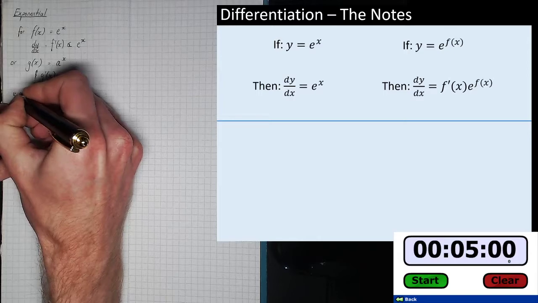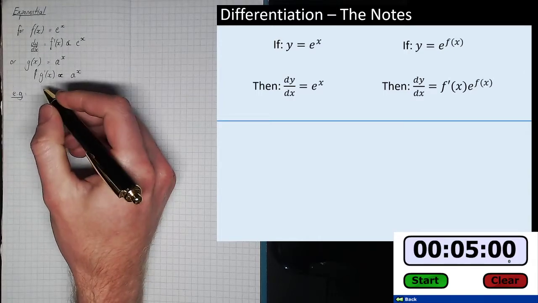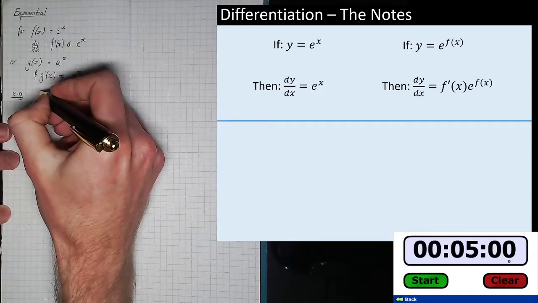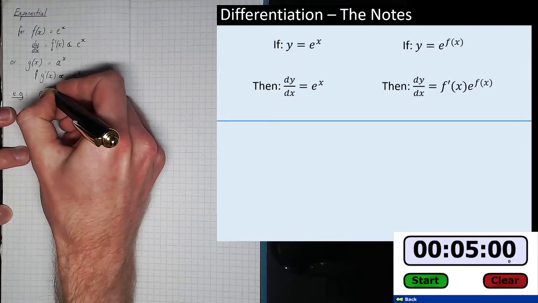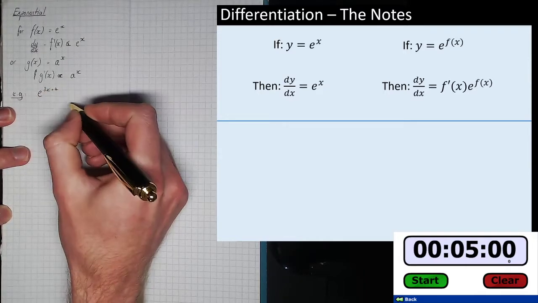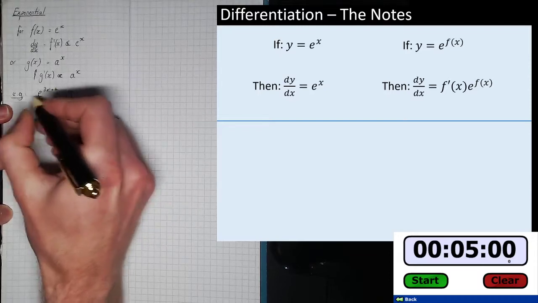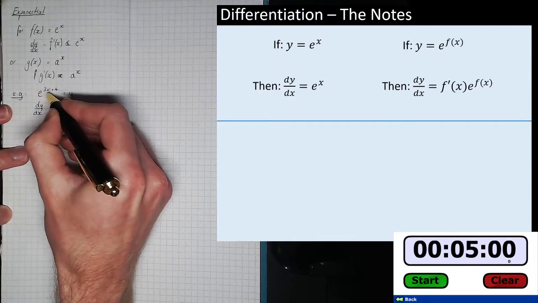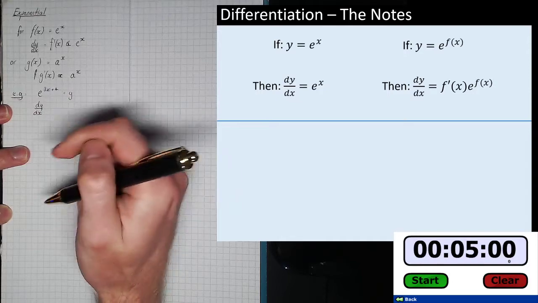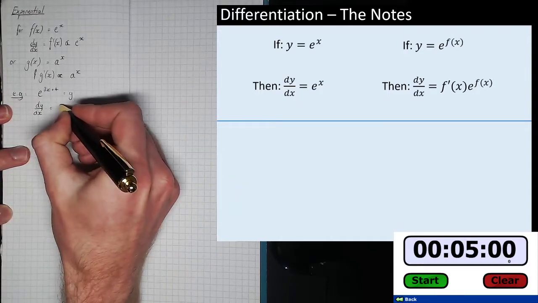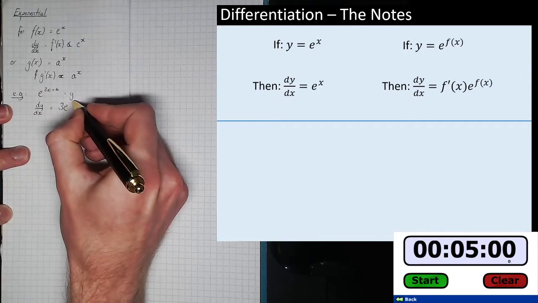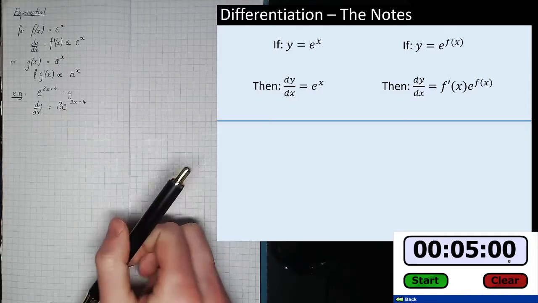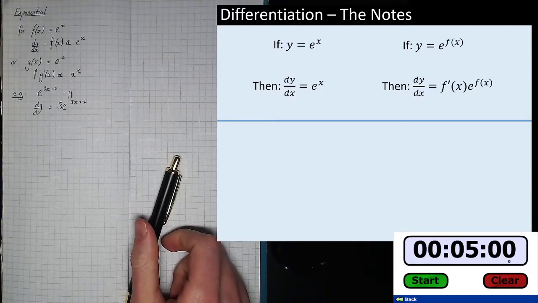As a quick example of that second one, if we had e to the power of 3x plus 4, and we wanted to find dy by dx, then we would differentiate the function of x, that's the power, so 3x plus 4 differentiated is just 3, times e to the power of 3x plus 4. One important thing to note is that the power of our exponential does not change.